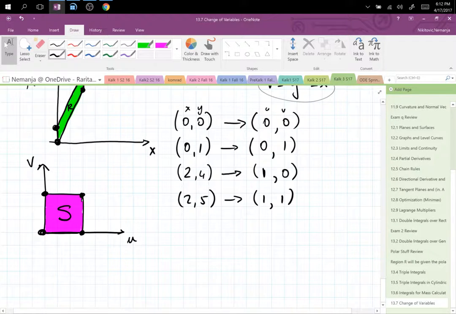So did we change the region just because it was easier, or because we couldn't do it that way? You had to change the limits of integration.